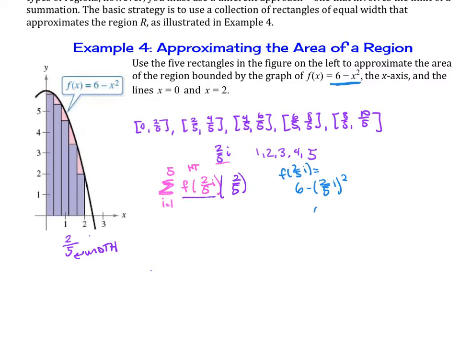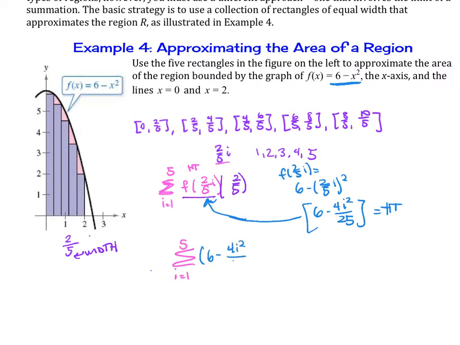And so this becomes 6 minus 4i squared over 25. So that is our height, and that's going to get substituted here. So this is going to be 6 minus 4i squared over 25, and then times the width of 2/5.